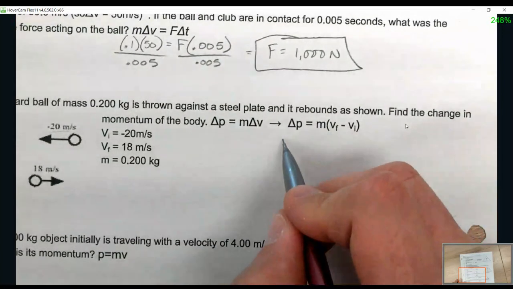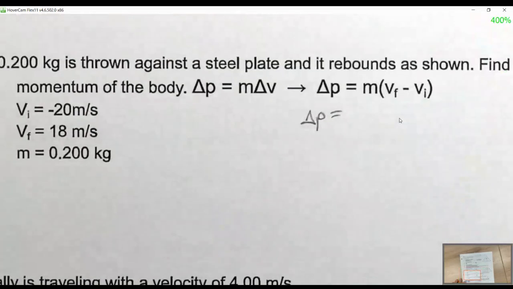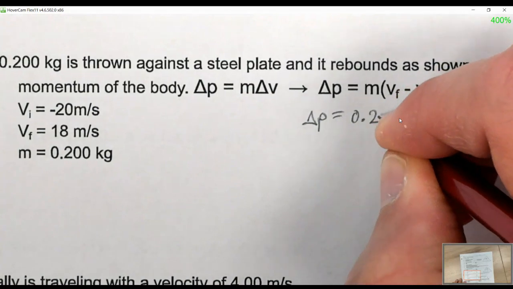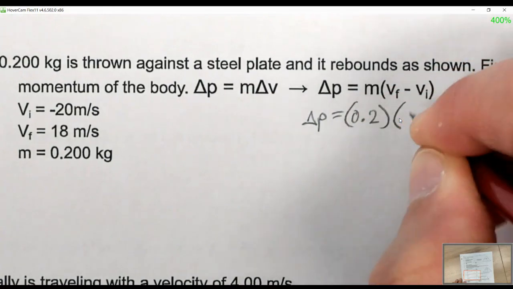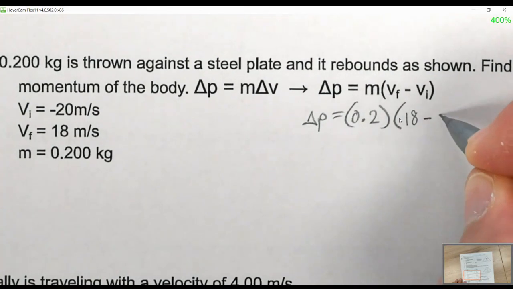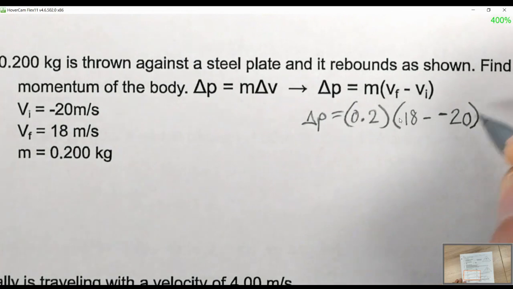So to do this, delta P would equal the mass of 0.2 times final velocity minus the initial velocity, which was a negative 20.